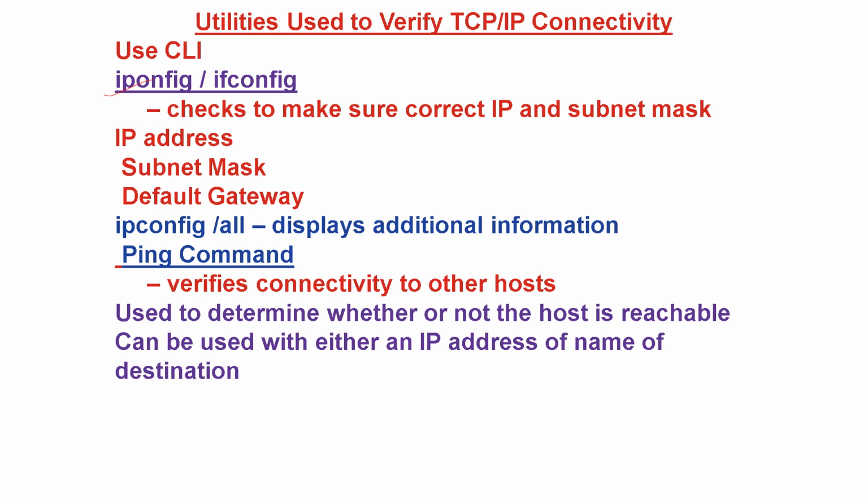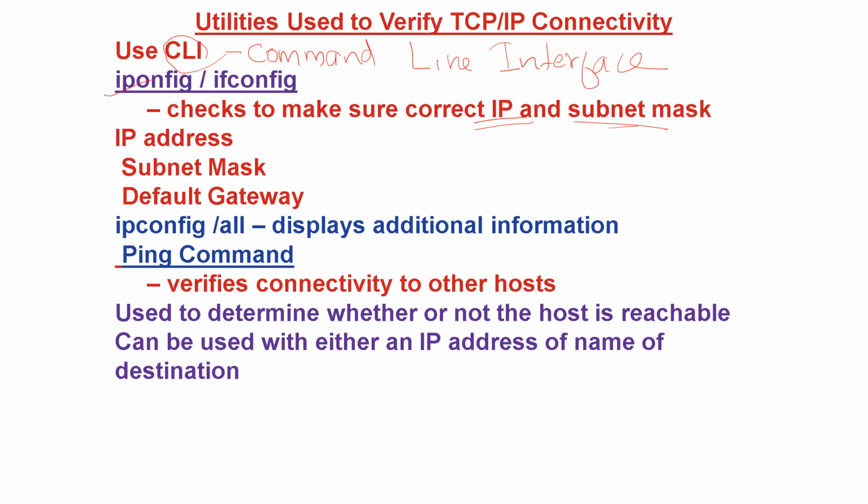First of all, ipconfig, and almost all the commands work on the command line interface. ipconfig is a command that checks to make sure the correct IP is assigned to the machine, and the subnet mask information is also received with the command ipconfig.